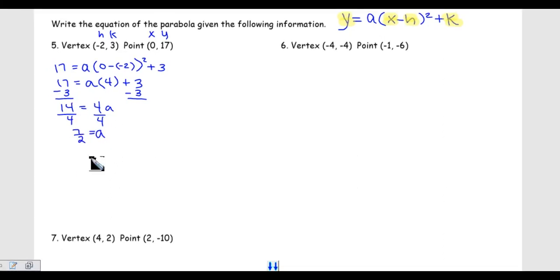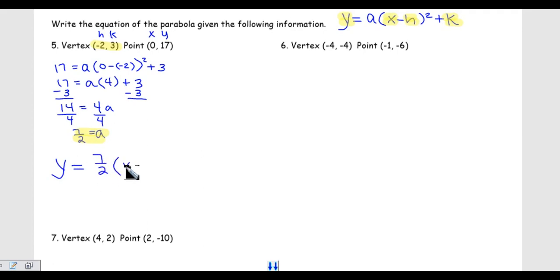After I do this, now I can take my a and my h and my k, and this is how I will write the final answer. I no longer need the x and the y. So my final answer will be y equals, I'll put the a in, 7/2.